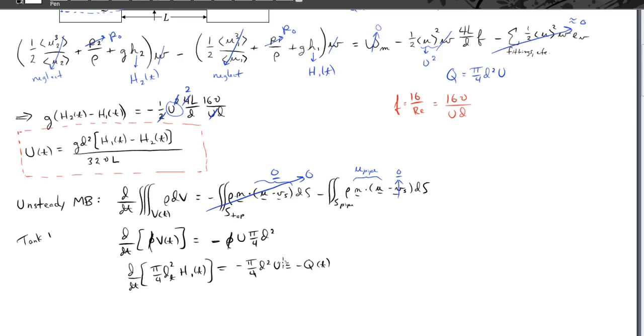And u we can substitute eventually from our steady state mechanical energy equation.